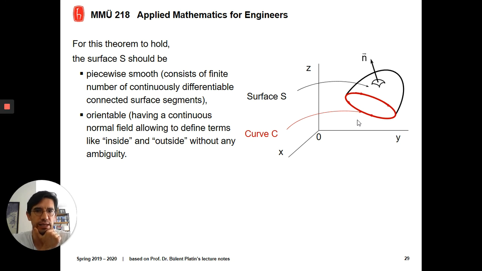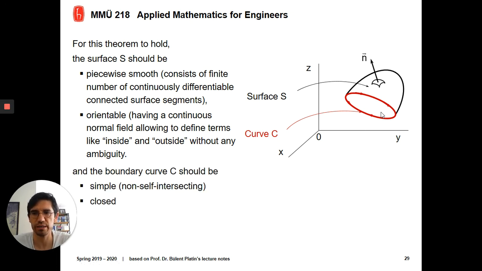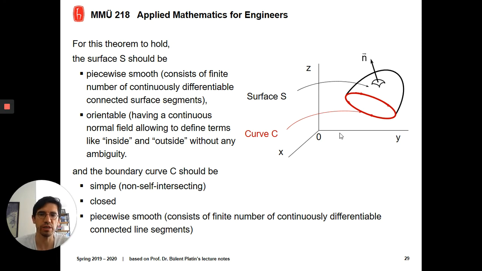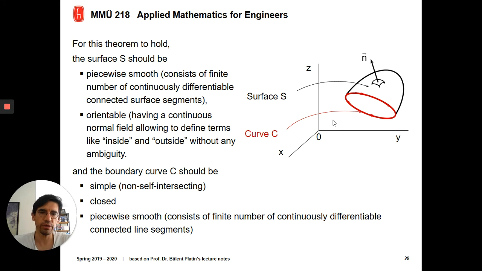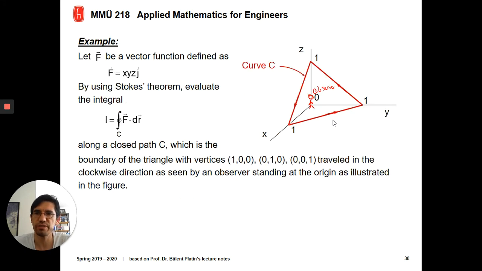I have an inside and outside without any ambiguity. I don't have any doubt about the inside or the outside of this object, and it's not intersecting: simple, closed, and piecewise smooth. So this is good. We could have many applications of that.